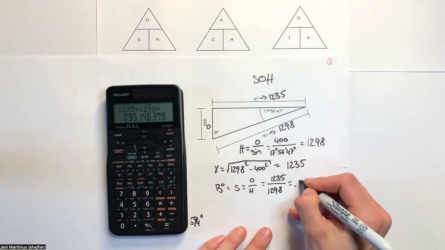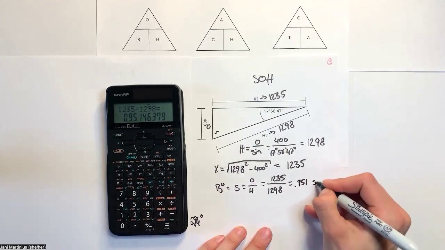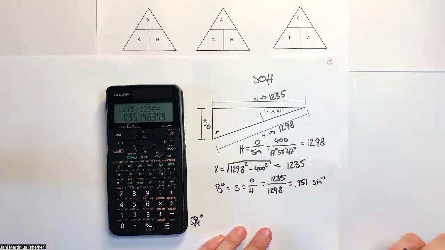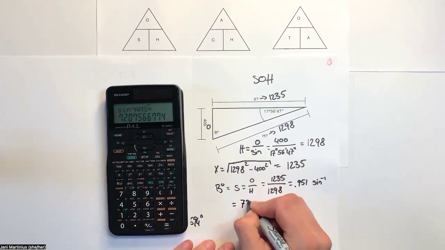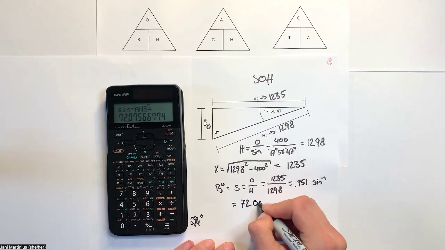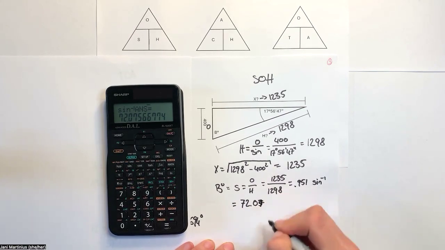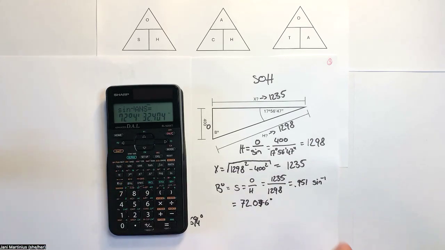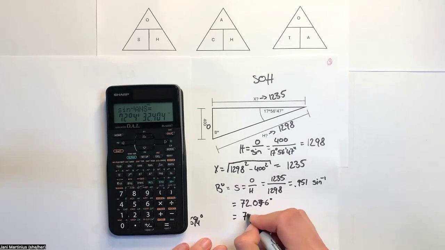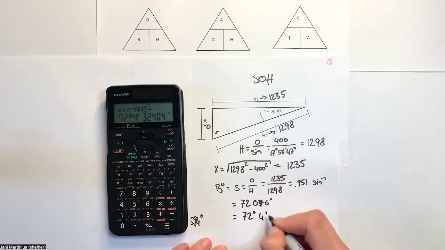So 0.951, and we need the inverted sine function. Second function sine gives us 72.076 degrees. Second function and DMS button gets us to 72 degrees, 4 minutes, and 32 seconds.